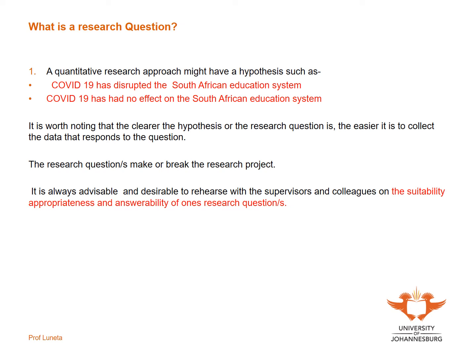The chances are you will be able to have conversations around it, and as a result it will become much clearer, and you'll be able to formulate it in a way that becomes answerable. So the suitability, appropriateness and answerability of one's research questions is critical. It has got to be suitable, appropriate, and answerable. You should be able to find answers to it.